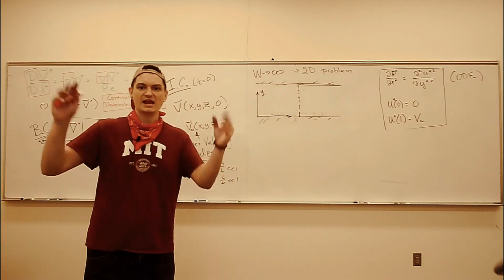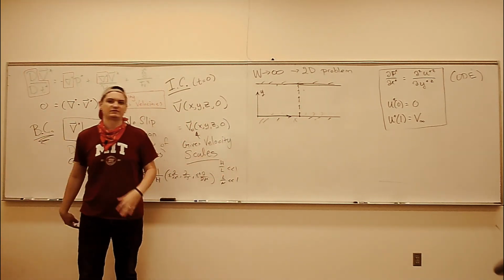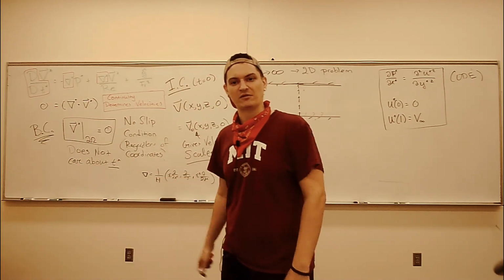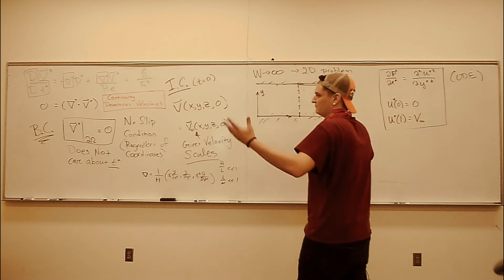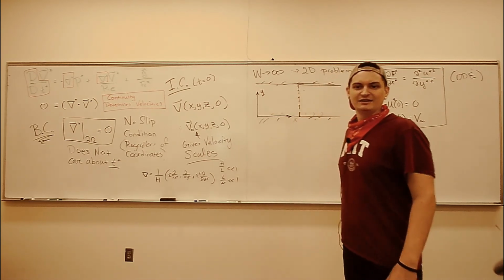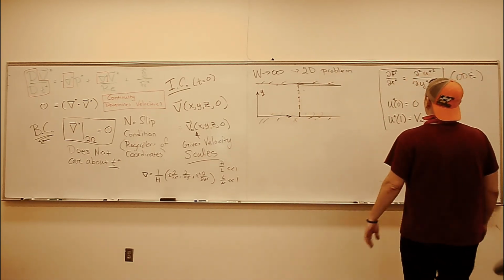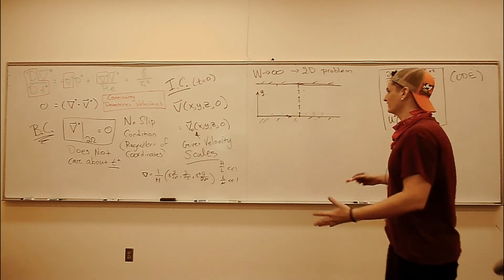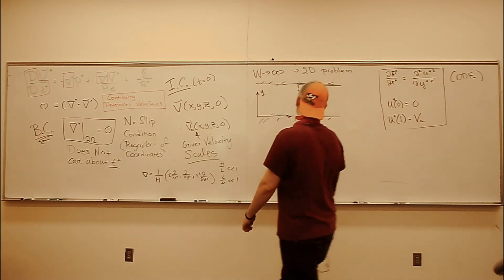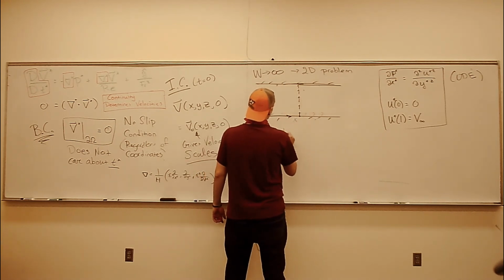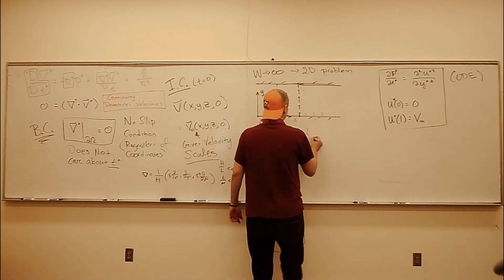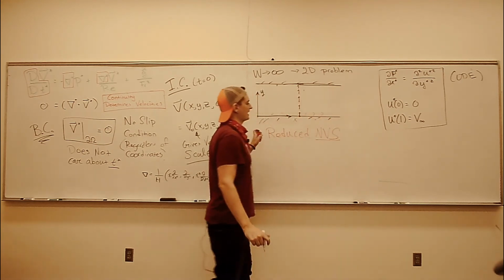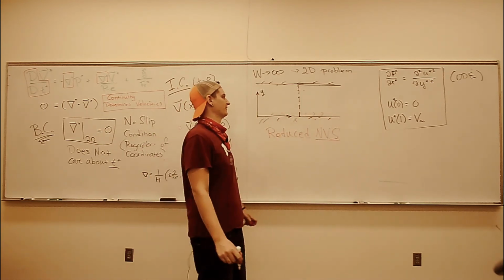I just said H is big, L is very big, and W is big, because I can measure that. I have no idea what this velocity profile is going to look like. But I could make measurements, and my dumb human brain can only think of so much. What I did was talk about scales like that. And then really what I did was I reduced the Navier Stokes equations, with some scales involved.